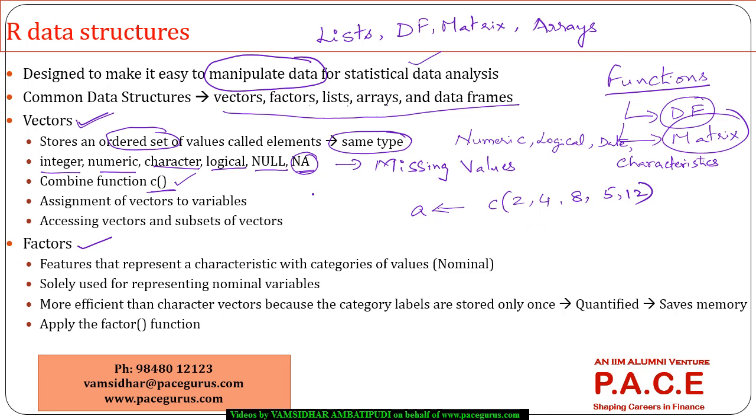So it would be displaying those values. So this is how we are using the concatenate individual elements so that they can be grouped together. So this is what we are calling as assigning a vector to a variable.